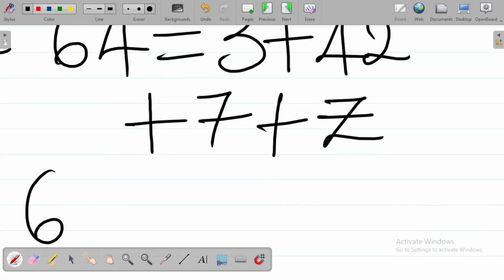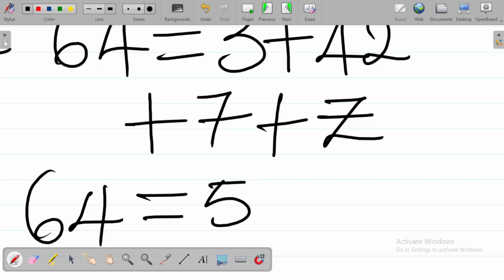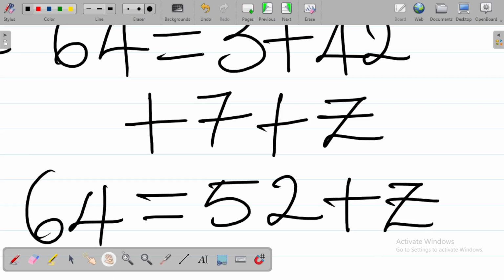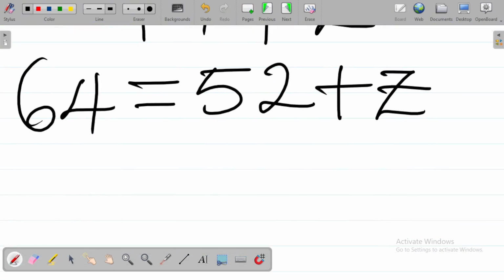So we have here 64 is equal to 3 plus 42 is 45, and 45 plus 7 is 52. So we have 52 plus Z. So now let's make Z the subject formula.